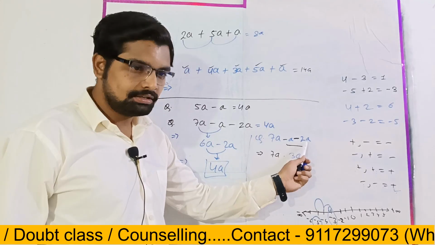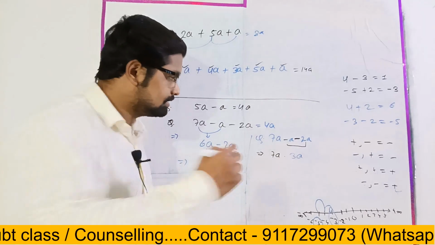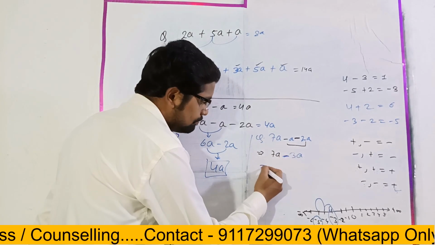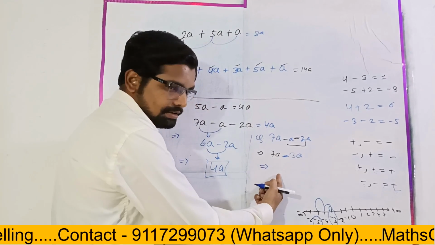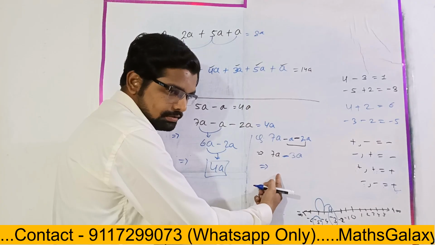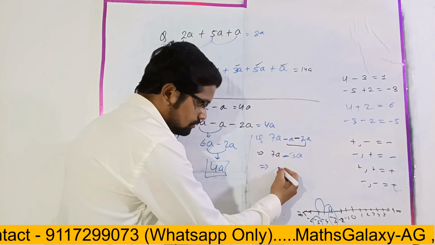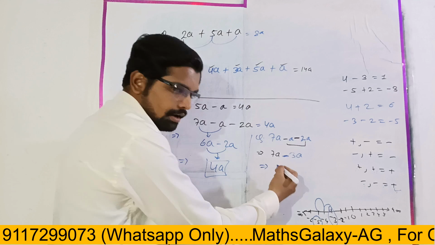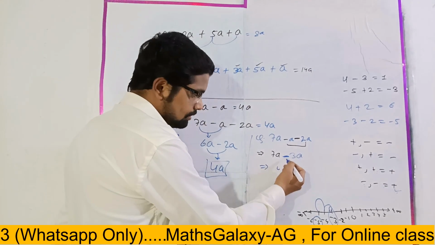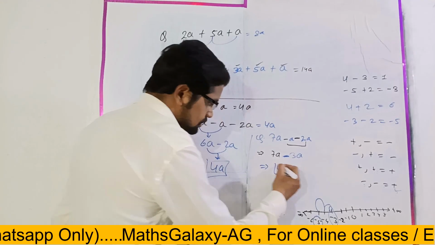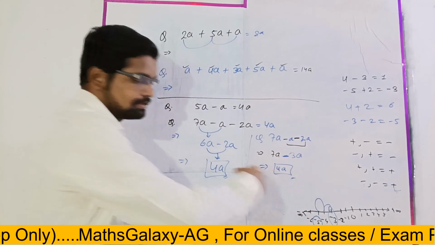The greater is 2a, the sign is minus, so here we will apply minus. Now 7a minus 3a: 7 plus 3 is 10a, addition. 7 minus 3a, it's minus, 4a. See, the answer is the same.